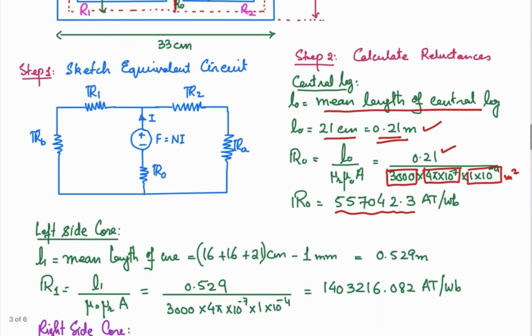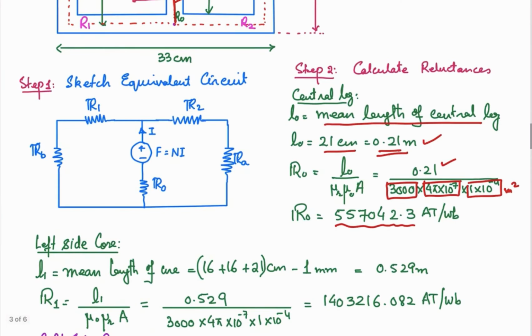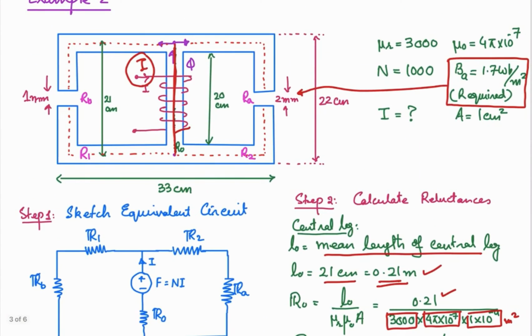Okay, now let's move towards the calculation of the reluctance of the left side of the core. So for the left side of the core, let's look at the distances. The total distance is 33 centimeter, and I assume that it is right at the center.